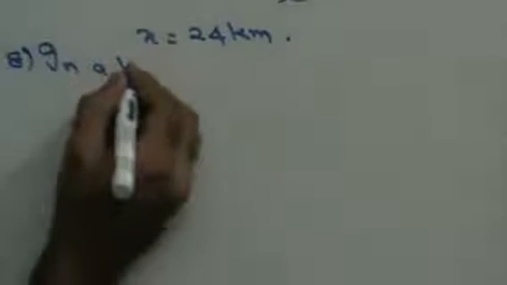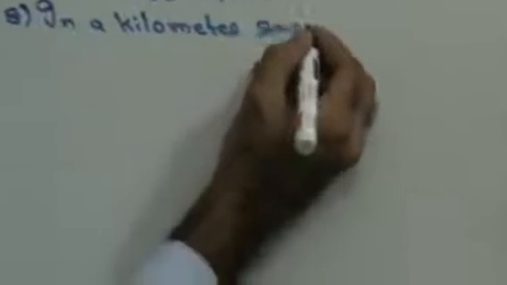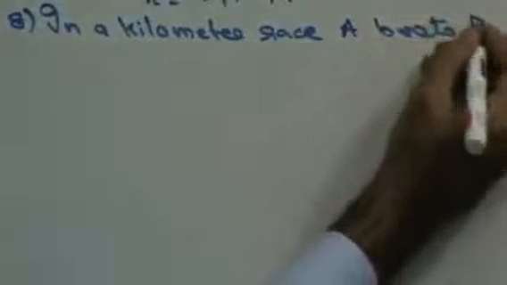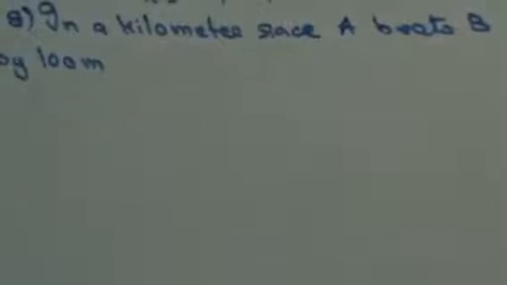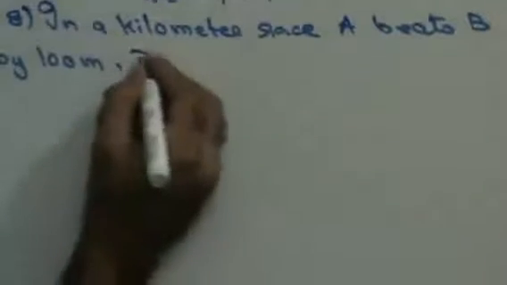In a kilometer race, A beats B by 100 meters. And B beats C by 150 meters.